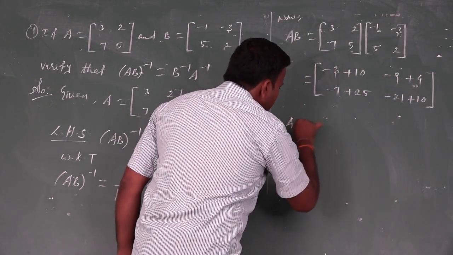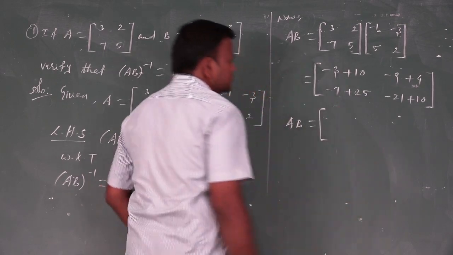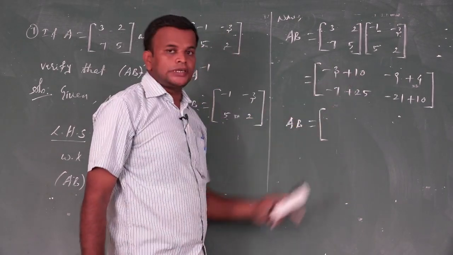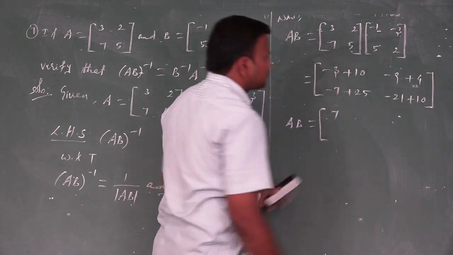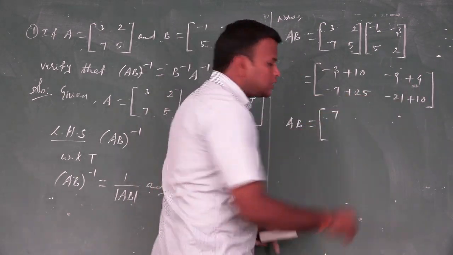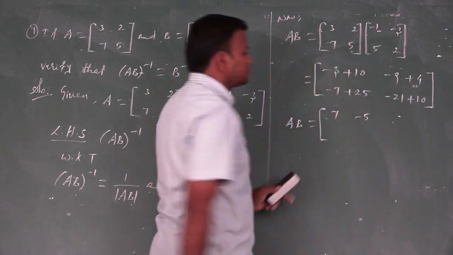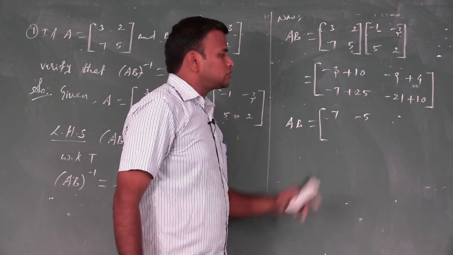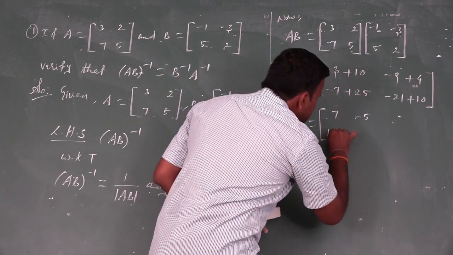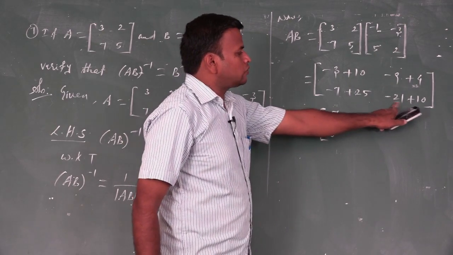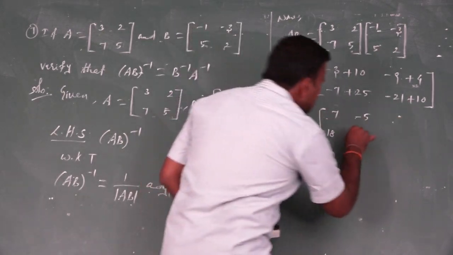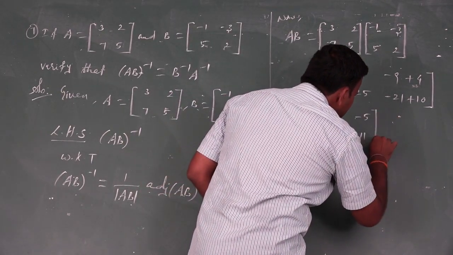So the value of AB is: -3 plus 10 is plus 7, -9 plus 4 is -5, -7 plus 25 is plus 18, -21 plus 10 is -11.